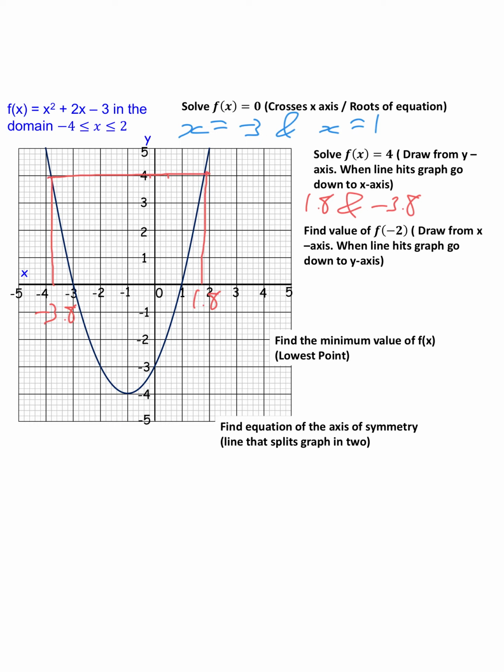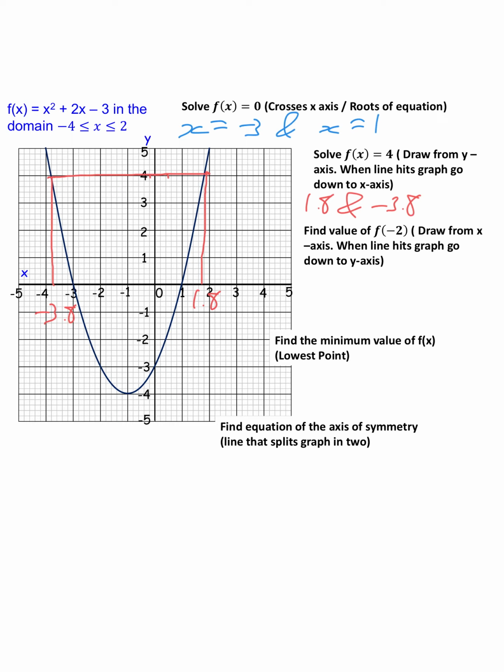Next one, find the value of f of minus 2. So if you have f of then a value in brackets, you can see there that the x has been replaced with minus 2. So I could just actually sub minus 2 into my function. But if it tells us to use a graph, we need to make sure that we're using the graph.